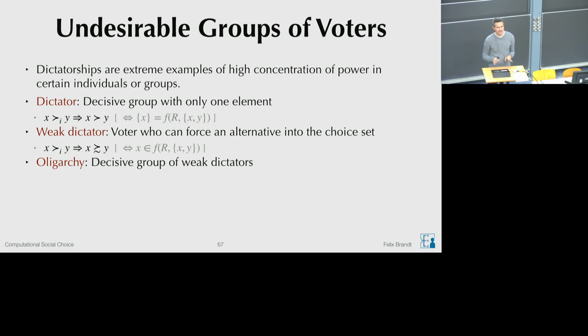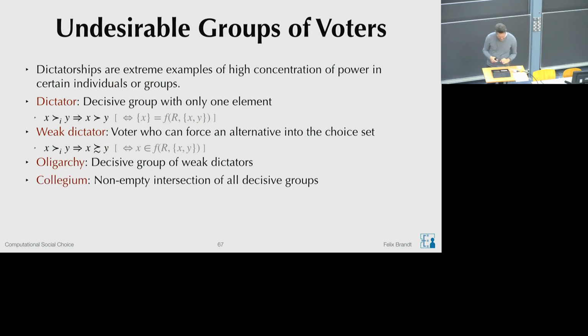So it's a group G of voters which is decisive, which by itself is not necessarily a bad thing. Like majorities, for instance: if you have majority rule for 2 alternatives, the majorities are decisive. But here, everybody in this group also happens to be a weak dictator. So that is also a high concentration of power in this particular group.